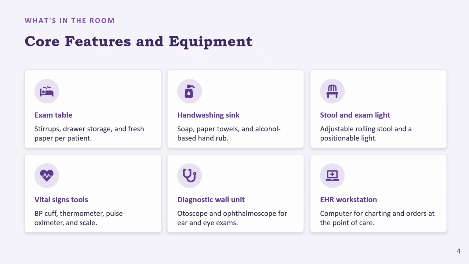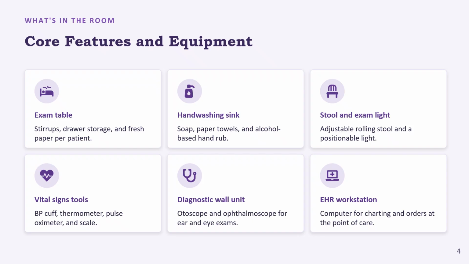You will use a rolling stool that adjusts in height and a positionable exam light so the provider can see clearly. For vital signs, the room holds a blood pressure cuff, often called a sphygmomanometer, a thermometer, a pulse oximeter that measures oxygen saturation, and a scale that should be calibrated so weights are accurate.